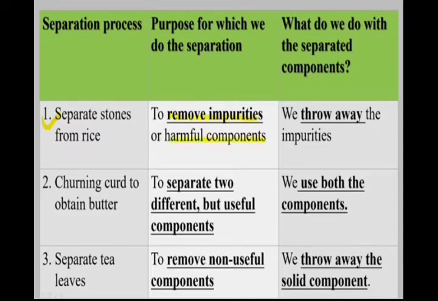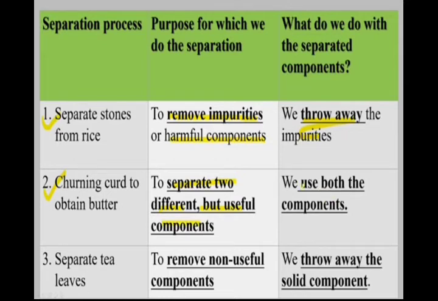Okay, coming to the second case, churning curd to obtain butter. Why are we doing churning? Yes, the churning is essential. It is used to differentiate two different but useful components. Okay, and we are using both the components, that is lassi and butter. So here it is essential.